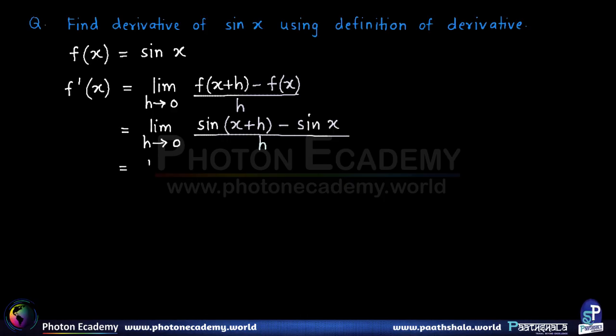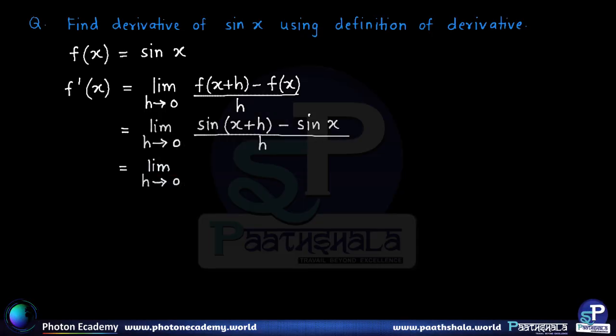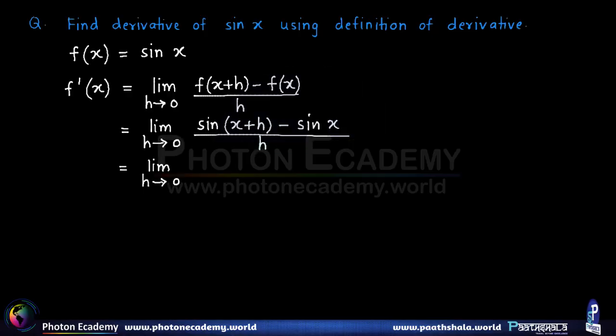So that further gives us limit as h tends to 0. Now if you see, sine of x plus h minus sine x, whole upon h, will give us 0 by 0 form, right? So either we can use L'Hopital's rule to evaluate that, or even without using that we can use a different method to evaluate this limit.